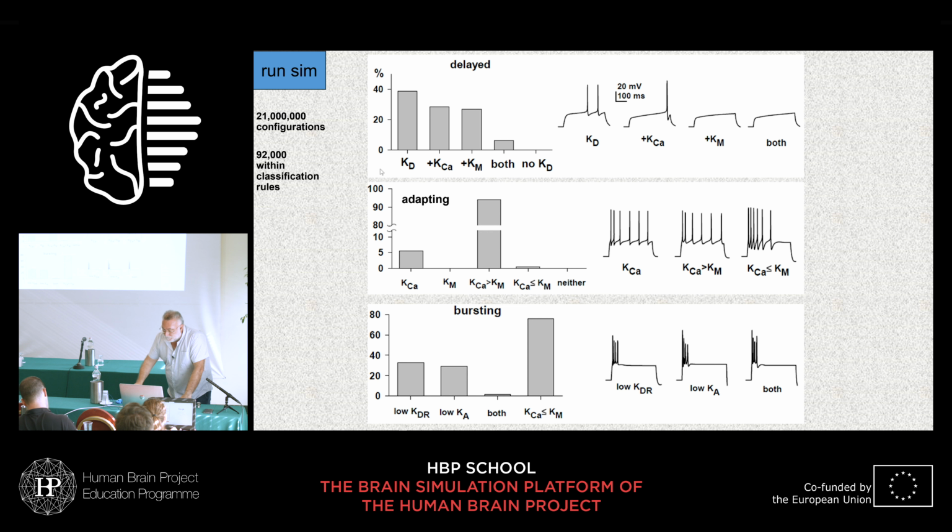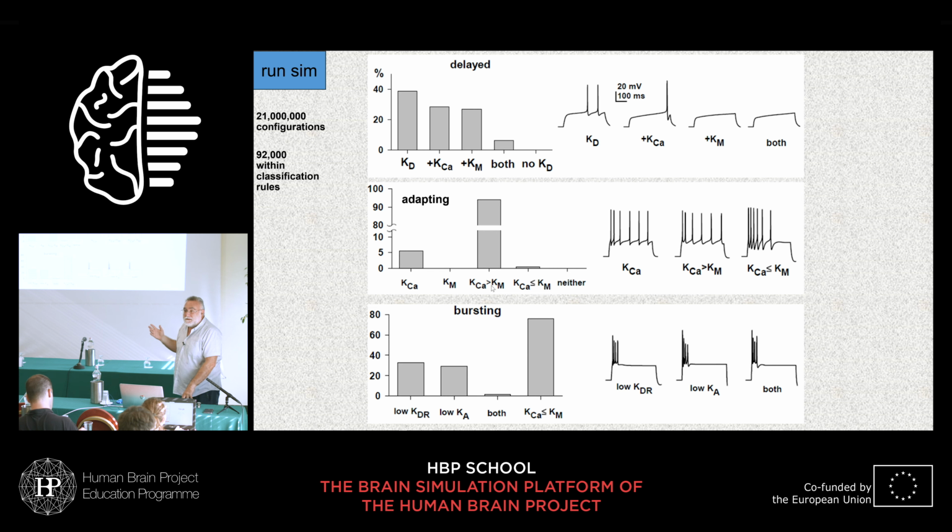Okay? Adapting. The adapting, weakly adapting or strongly adapting, requires the calcium-dependent potassium current in 95% of the cases. Okay? So you can model 95% of the cases with a calcium-dependent potassium current which is larger than Km.